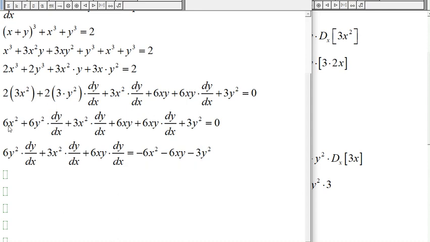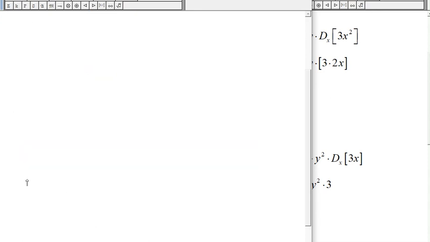So the 6x squared, when it's moved to the right side, becomes minus 6x squared. And the 6xy, move it to the right, we get minus 6xy. And then the 3y squared, move it, and we get minus 3y squared. And then over here, on the left side, the common factor is dy dx. So we factor out the dy dx.